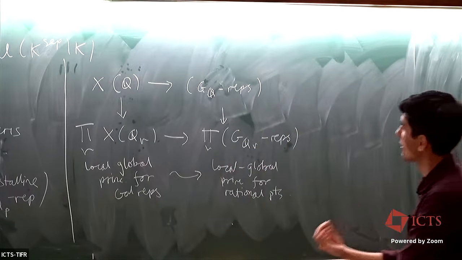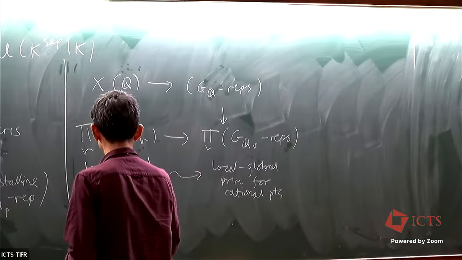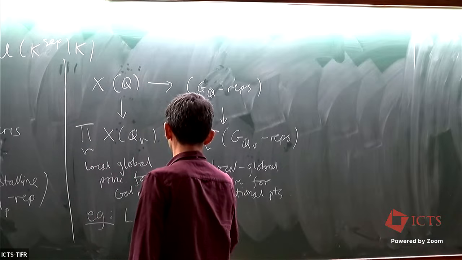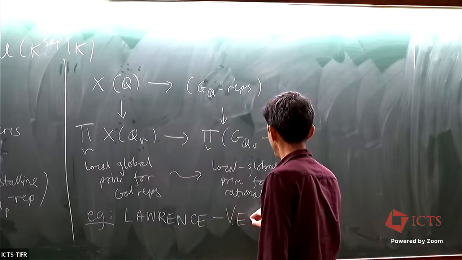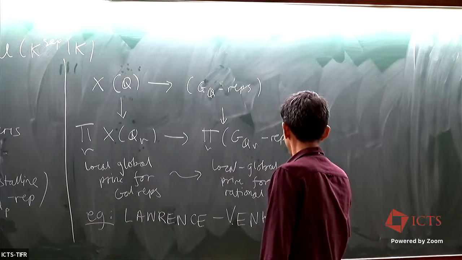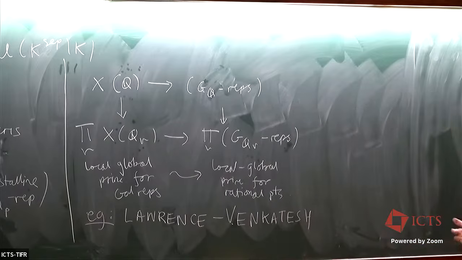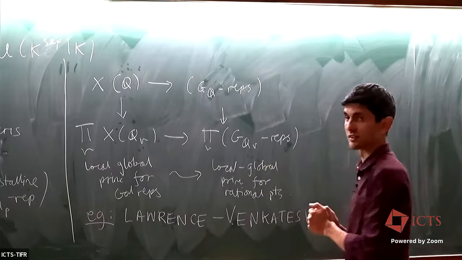Another example of very similar ideas, which has been very powerful, is something called the Lawrence-Venkatesh method, relatively recent, where some of the techniques which I've been describing in previous lectures actually come up a lot in their work, but how they vary their Galois representations is quite different.